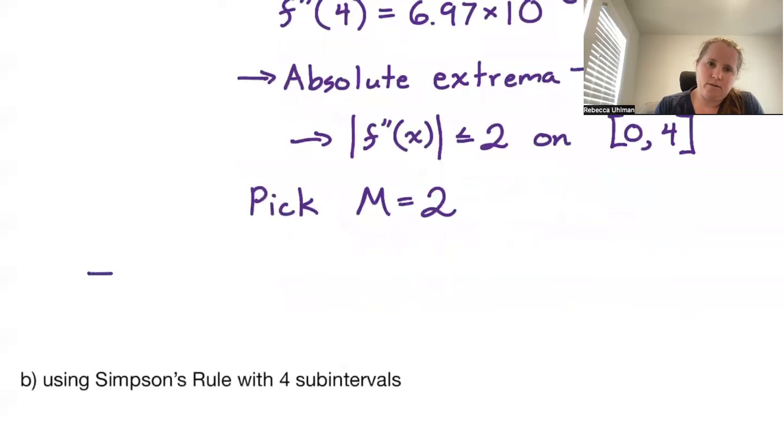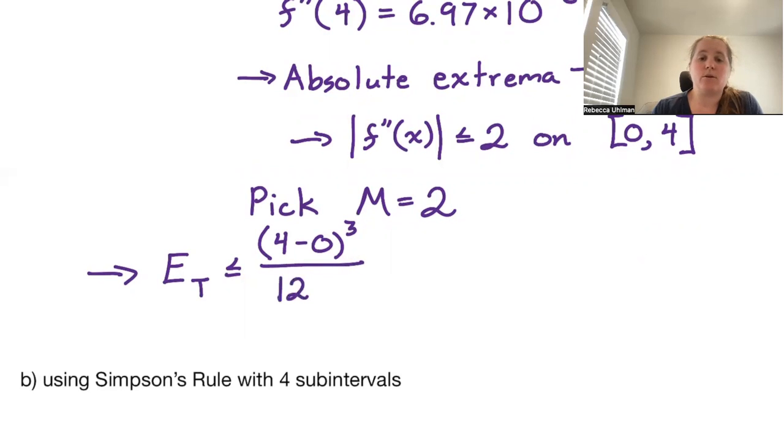And we have that E sub T is less than or equal to (b minus a) cubed, so 4 minus 0 cubed, divided by 12n squared.